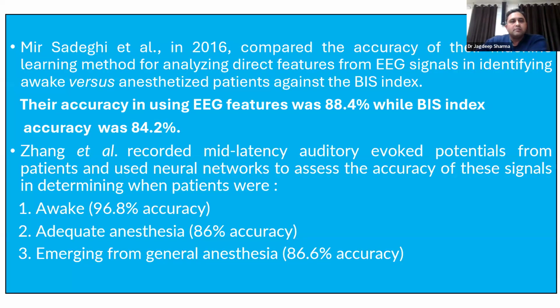So now what is the literature evidence for this? How has AI been incorporated? Mirsadeghi et al. in 2016 compared the accuracy of their machine learning method, for which the data were EEG signals, in identifying anesthetized versus awake patients against the commonly used BIS index.